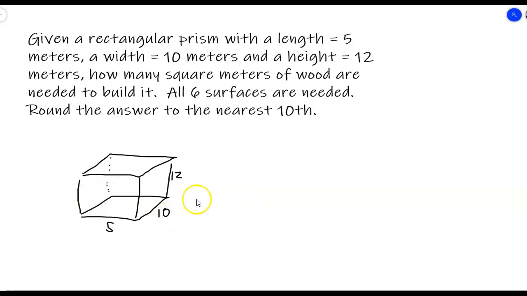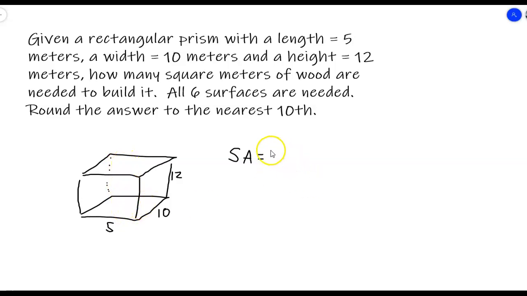All right. So what are they asking us to do? They're asking us to find the total surface area, and they want us to round it to the nearest 10th. So the surface area of a rectangular prism: it's the top and the bottom of this prism, right?